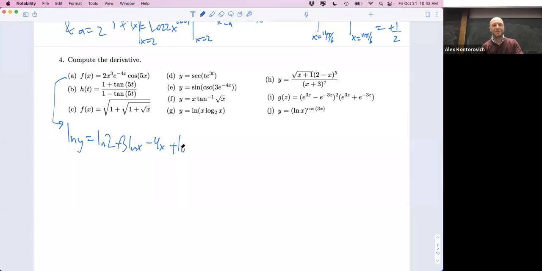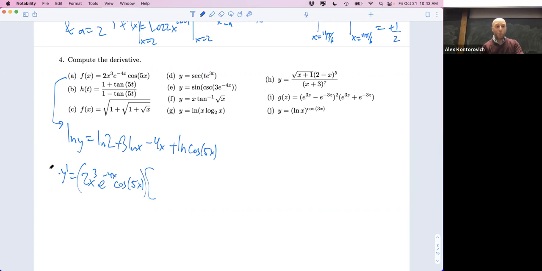This is going to be a little annoying. Natural log of cosine of 5x. Right? So 1 over y times y prime is equal to the derivative of all of this stuff, and let me just put the y on the other side already. And by the way, what is y? Y is 2x cubed e to the minus 4x cosine of 5x.